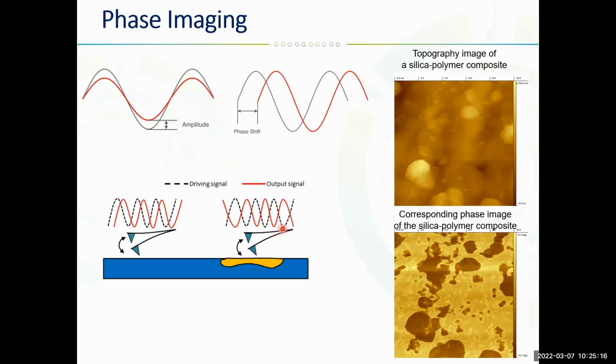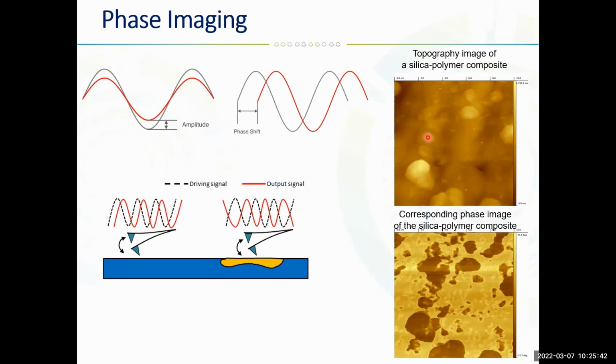In response to the change of the amplitude, the controller moves this tip upwards, so the amplitude goes back to the set point. So along with the amplitude, the frequency of the signal is also changing.